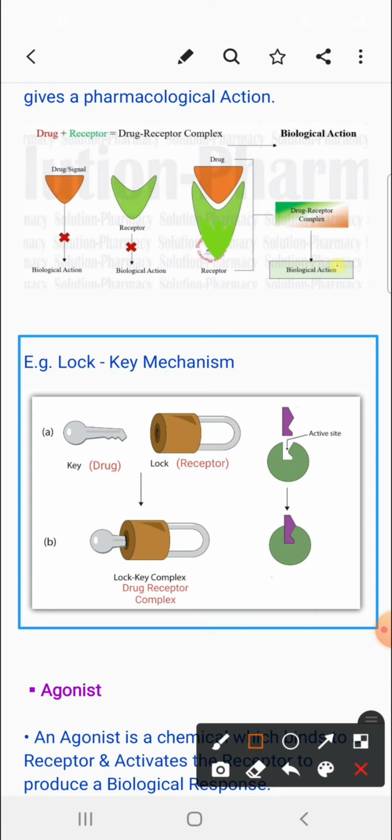So to show the proper action, there must be a complex formation of key and lock, that is, drug and receptor complex. So we can conclude that to show any pharmacological action, there must be a complex formation of drug and receptor.